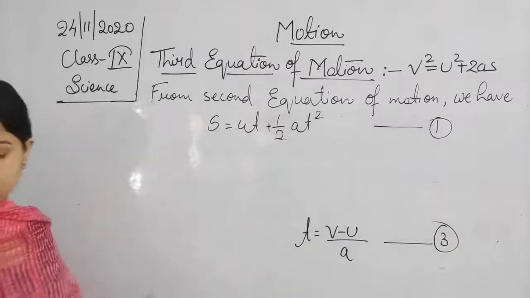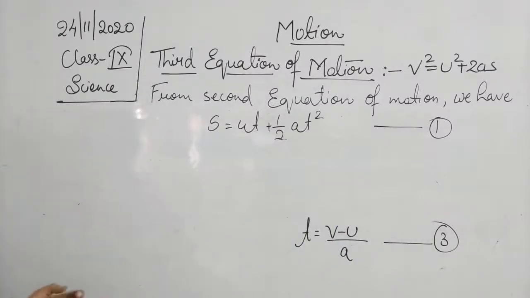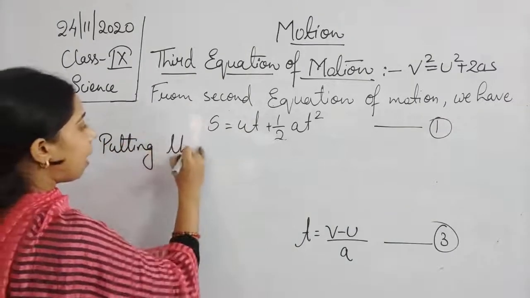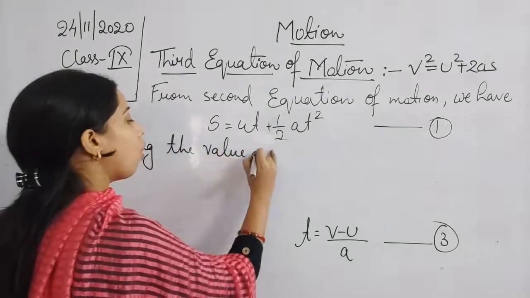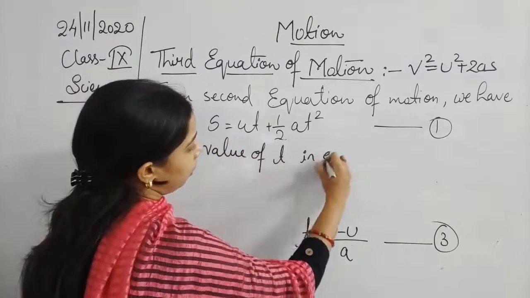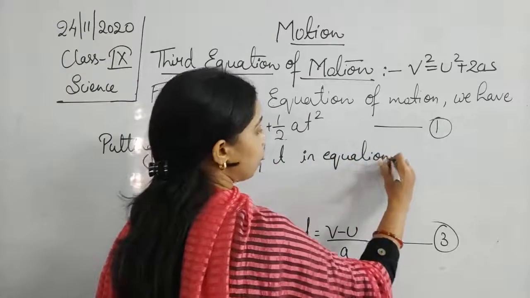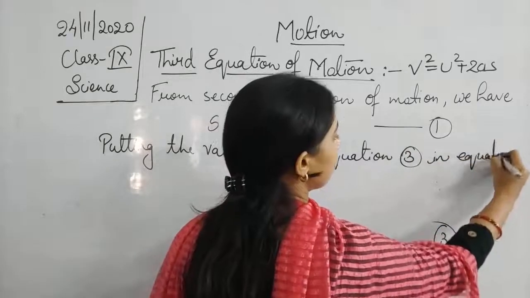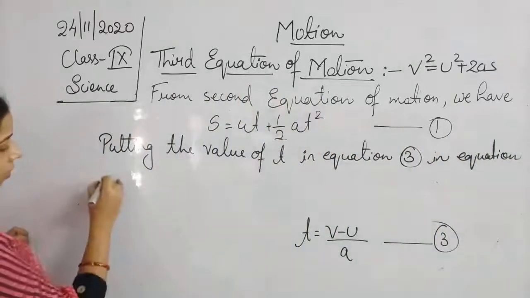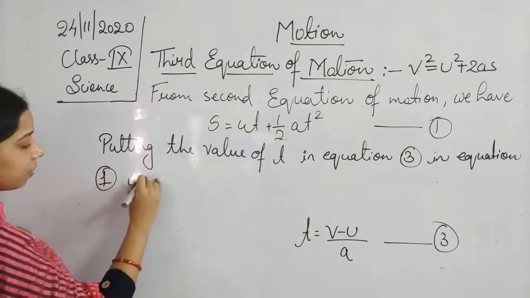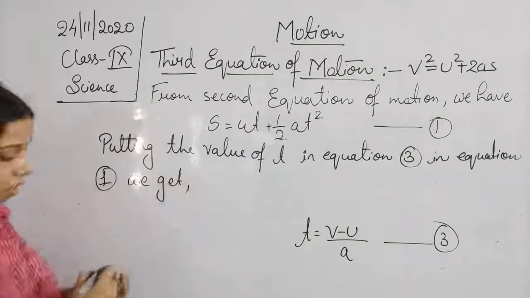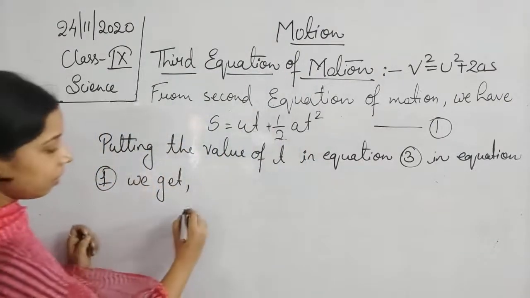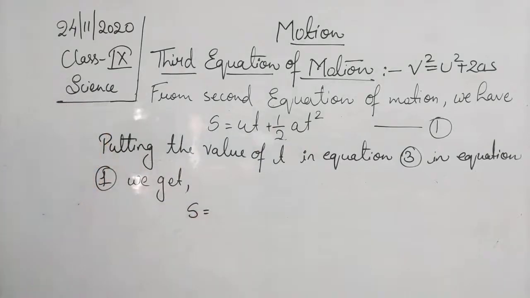Now see, putting the value of t from the third equation into the first equation, what will we get, students? We get s = ut.